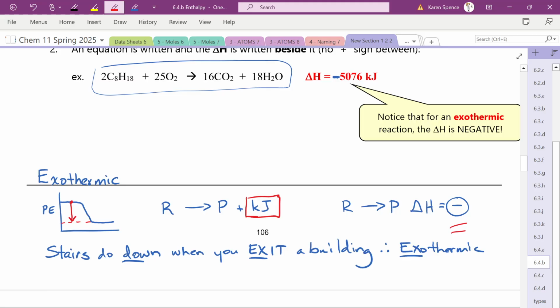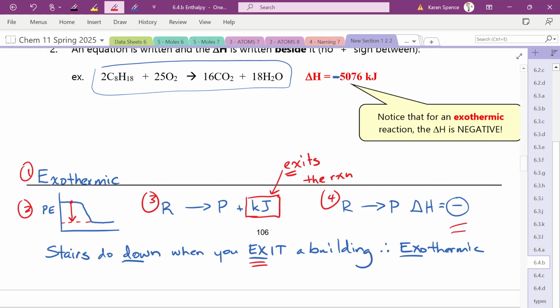And if delta H is negative, also, the heat term is exiting the reaction. So you should be able to relate, given any one of those four things, 1, 2, 3, 4, you should be able to produce the other three.